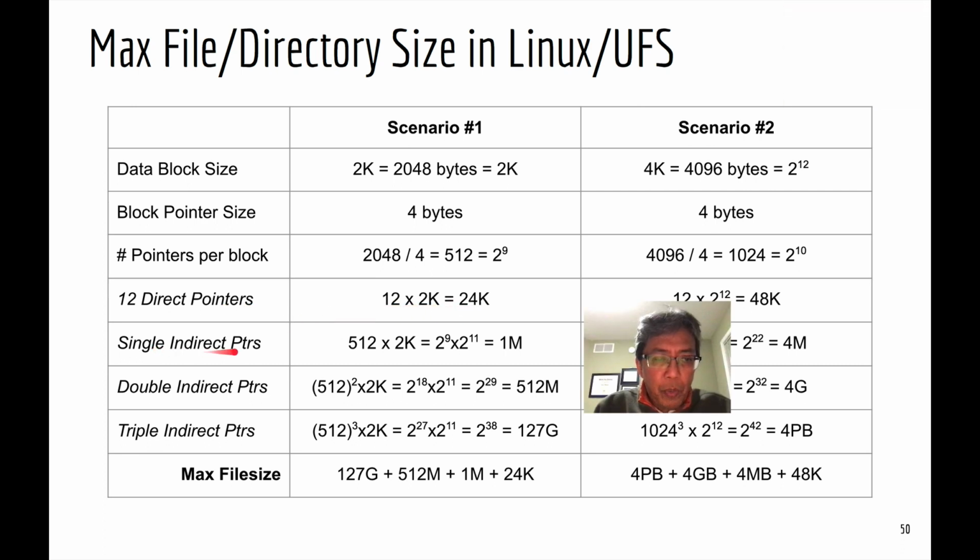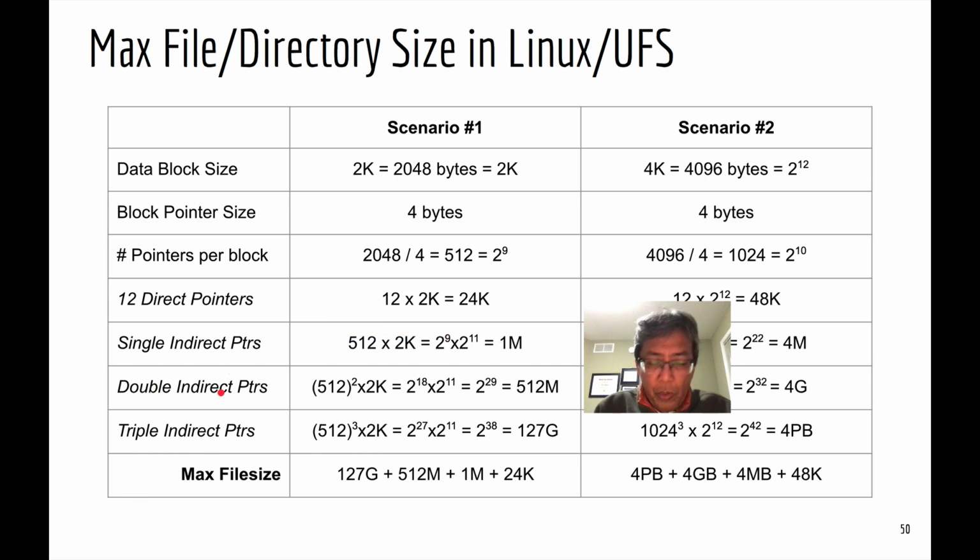Using the single indirect pointer, you will be able to get 512 blocks of size 2K each, and 512 is 2 to the power of 9, and 2K is 2 to the power of 10. If you multiply the two numbers, you get 2 to the power of 20, and 2 to the power of 20 is 1 meg.